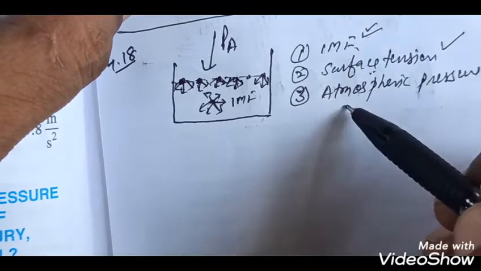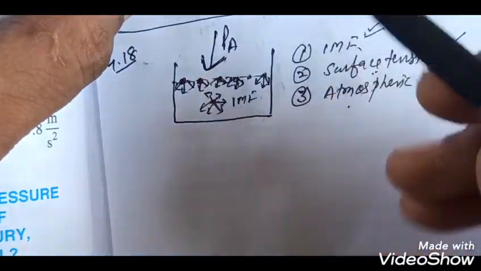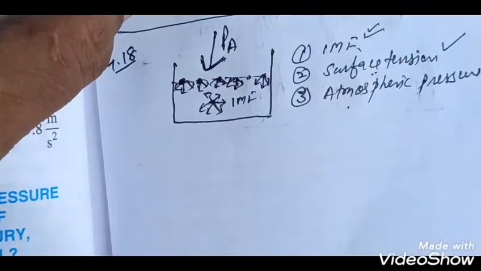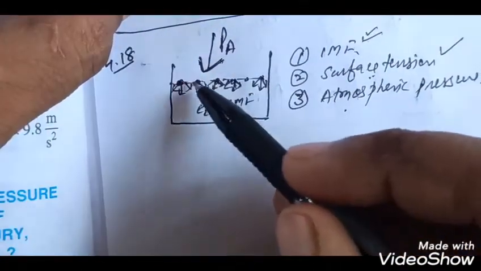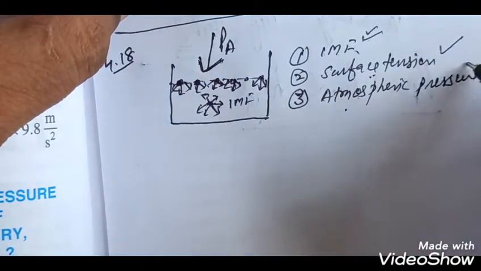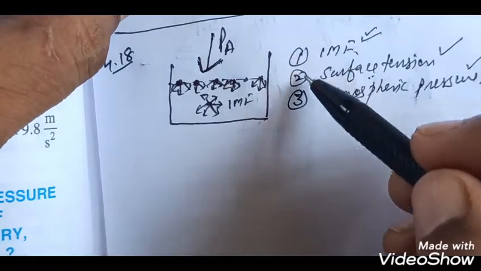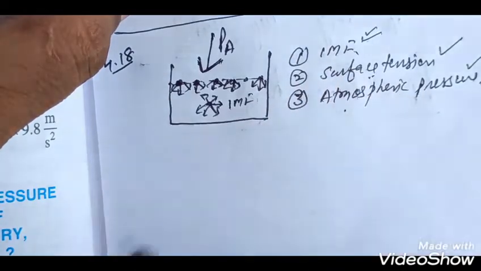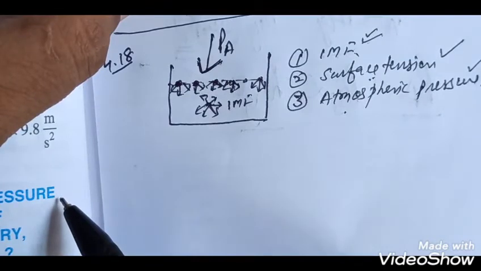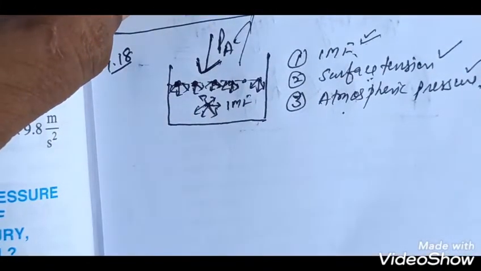Then they have to overcome atmospheric pressure, because we know atmospheric pressure always pushes everything down on the surface, right? So atmospheric pressure also has to be overcome. So if three forces are overcome by the molecules of liquid, then they can escape, meaning evaporate.